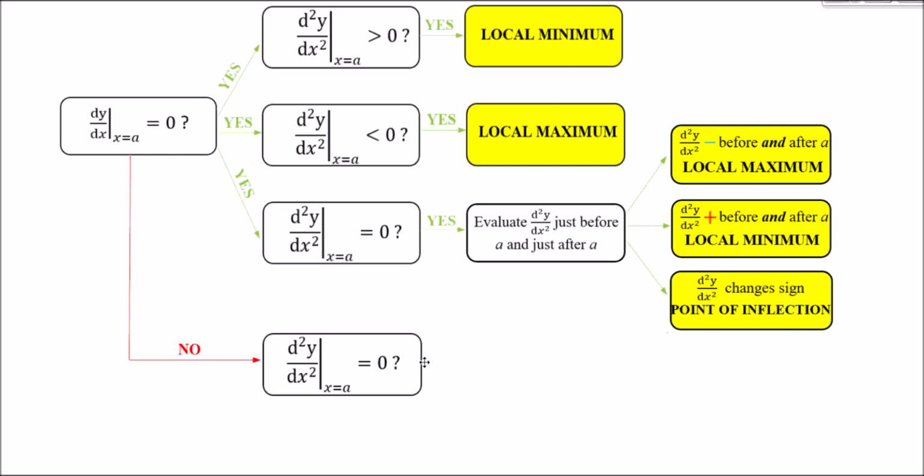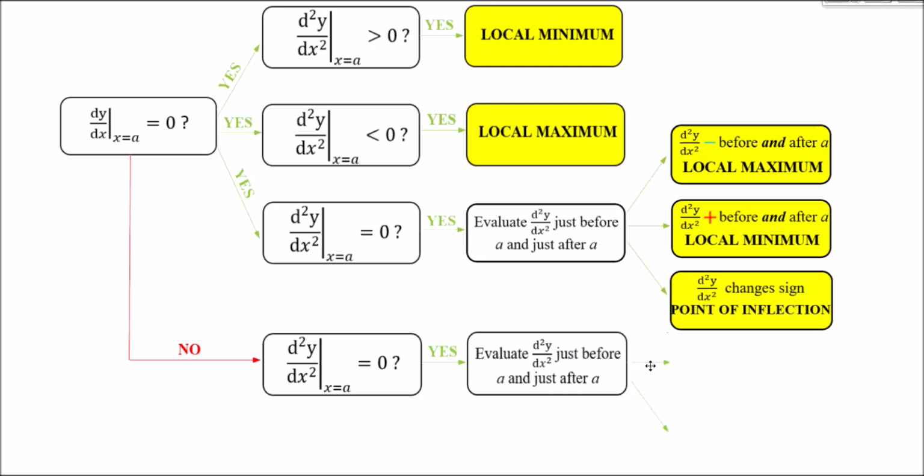So again, what we're going to do now is check the second derivative just before a and just after a. So if the second derivative at a is 0, again it might be a point of inflection. So again, now from this, essentially there's only going to be 2 options. It either is a point of inflection or it's not. It can't be a maximum or minimum because the gradient of this point isn't 0.